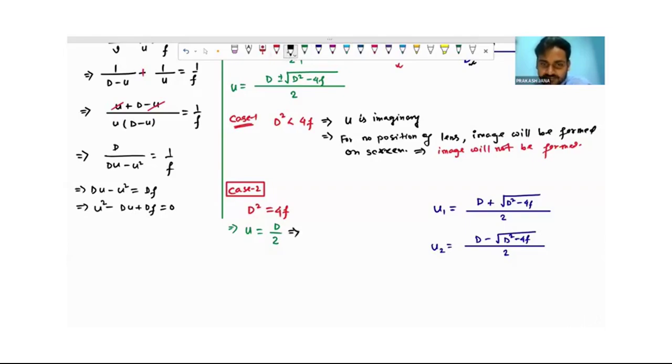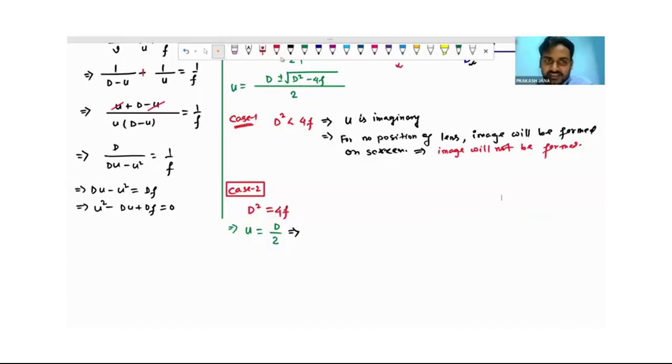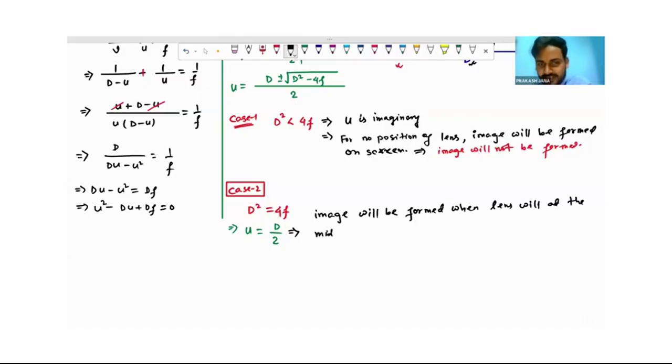We will write something about the image formation in this condition. In this condition, what we can write? We can write image will be formed when lens will be at the midpoint of object and screen.